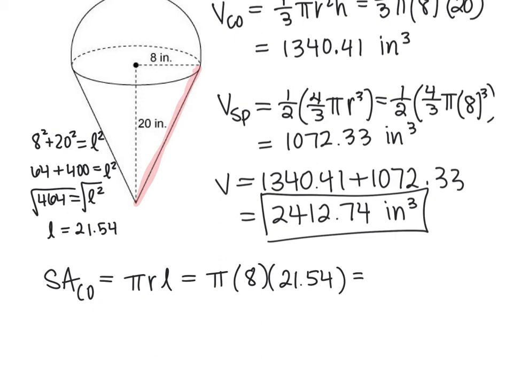So pi times 8 times 21.54. And we get 541.36 inches squared.